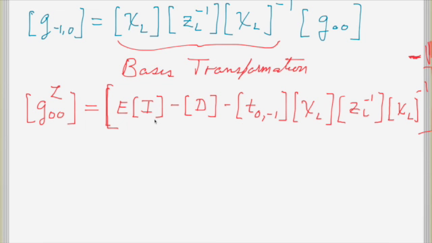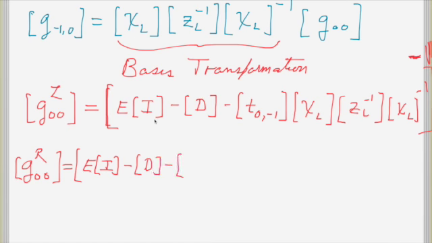And we can go through the same thing on the right side. On the right side, I'll just call it G 0, 0 again. For the right lead, the surface green function is going to be E I minus D minus T 0, 1, with the matrix chi.